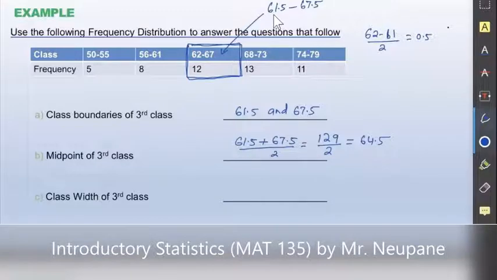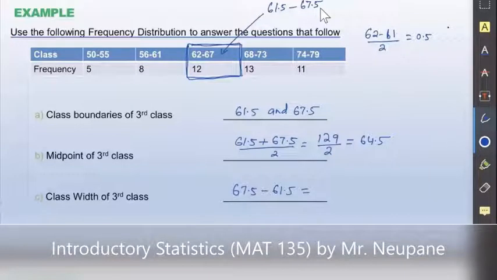Class width: how long is the class? How wide is the class? We have to find how many units there are when you go from 61.5 to 67.5. So technically, you have to subtract the lower boundary from the upper boundary. So it is 67.5 minus 61.5.